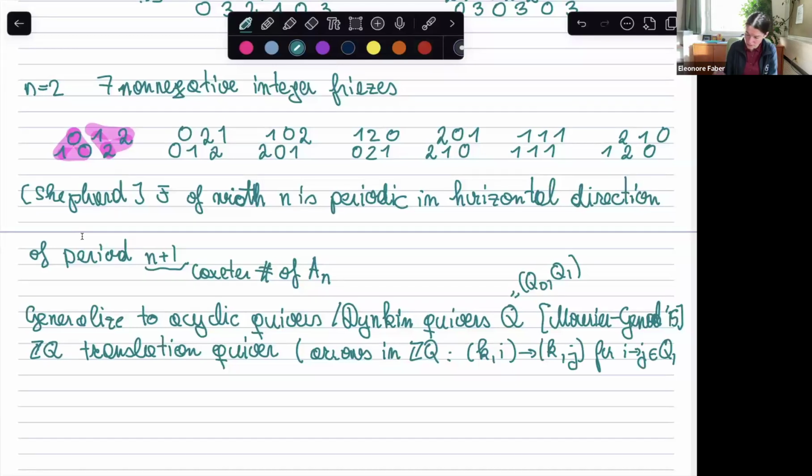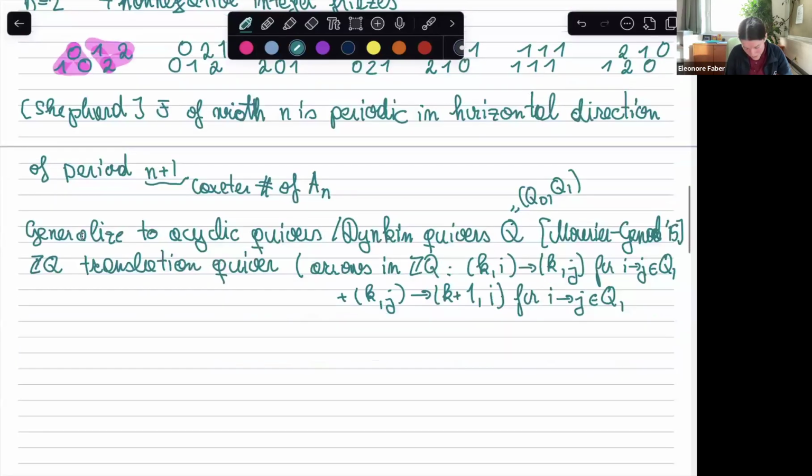Whenever I have an arrow in Q, then I add an arrow in this k-th copy of Q. So it's the same. Plus you add extra arrows from (k,j) to (k+1,i) for any arrow i to j in Q_1. So you add the opposite arrows.